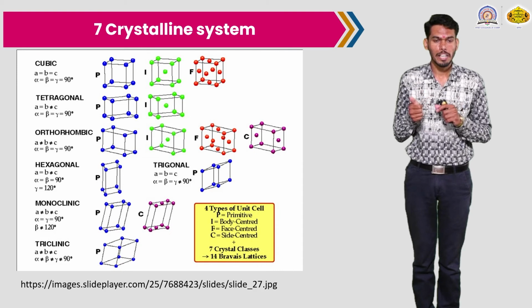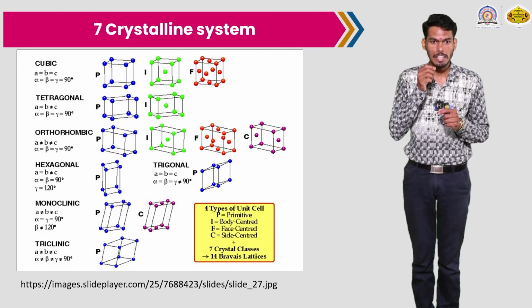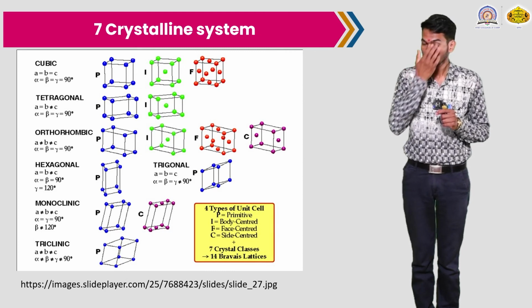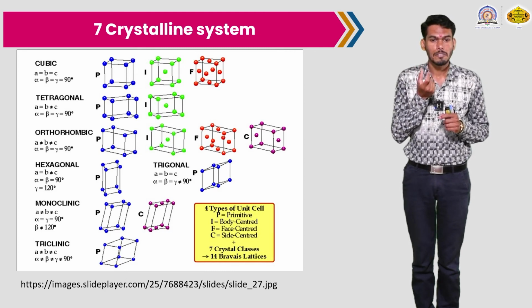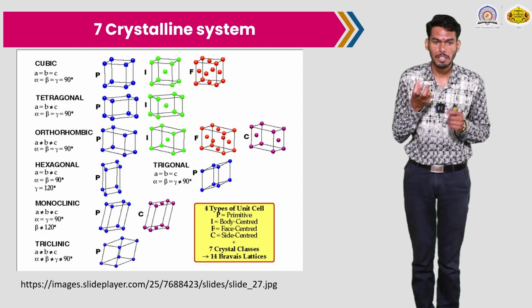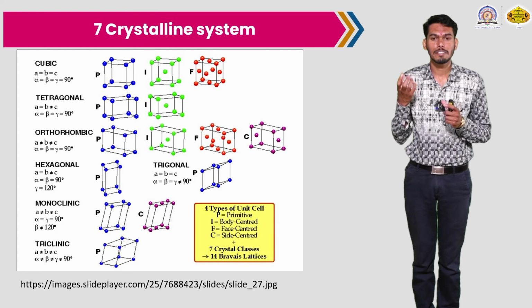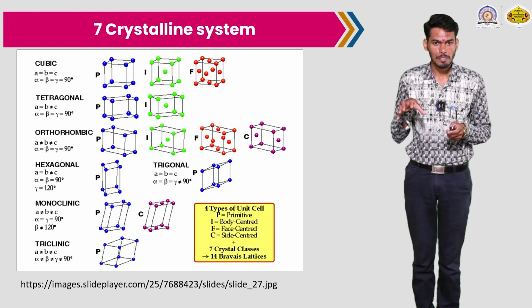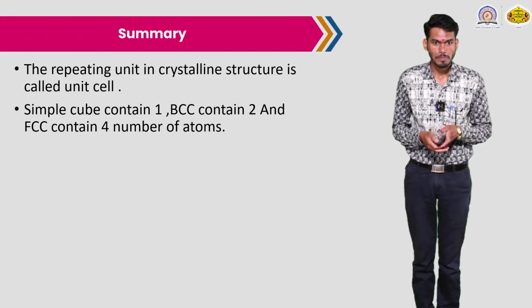So 1/8 into 8 is equal to 1 atom. Primitive cells contain 1 atom in whole, body centered contains 2 atoms, and face centered contains 4 atoms in the unit cell.